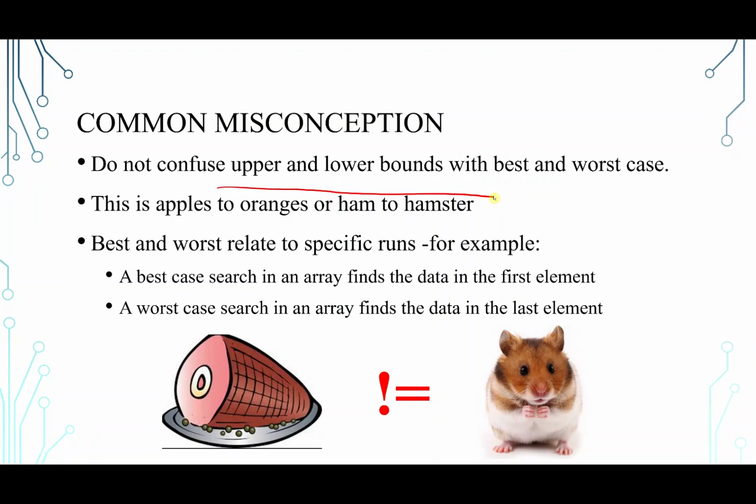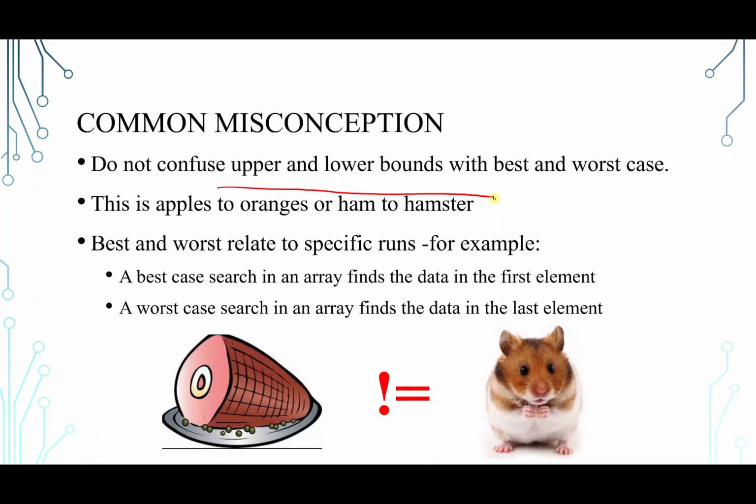A best case search is when you find the element you're trying to find at the beginning, the first element in your array. The worst case search is when you don't find the element in your array, or you find it at the very last element.